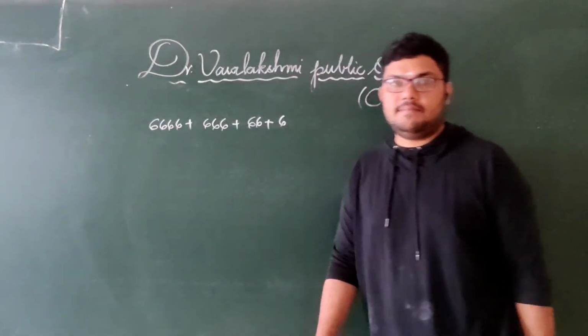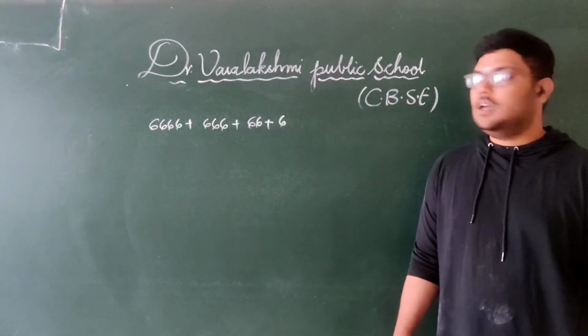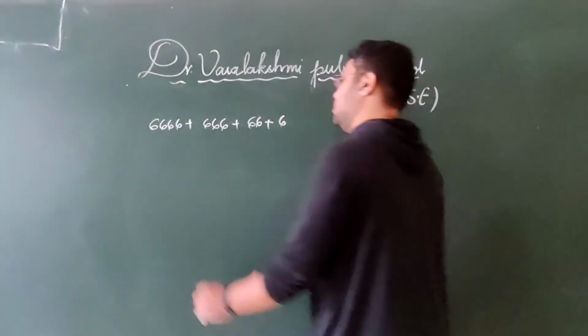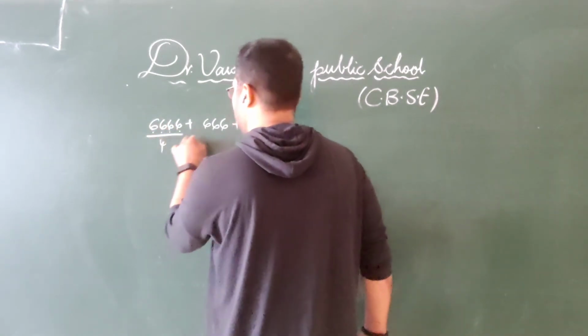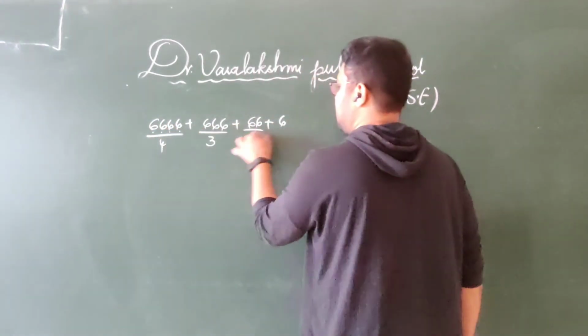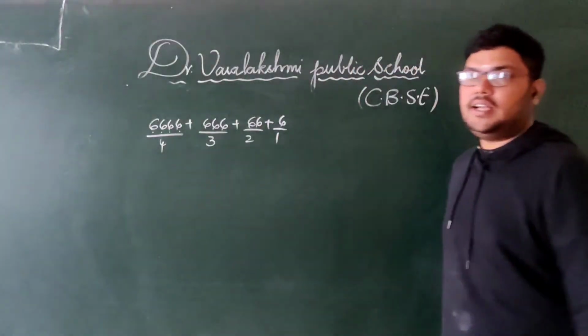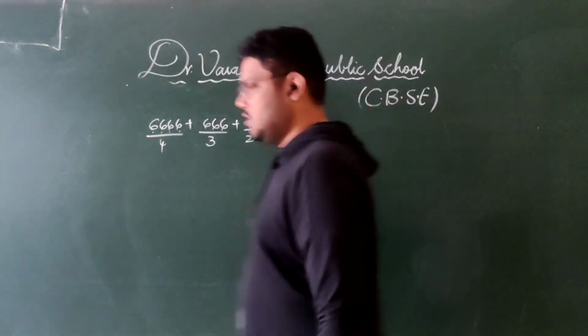So how to calculate that easily? Here, count how many sixes are there. 1, 2, 3, 4, 4 sixes. Here, 3 sixes. Here, 2 sixes. Here, 1 six. Right?